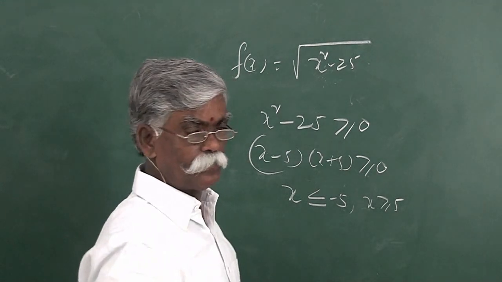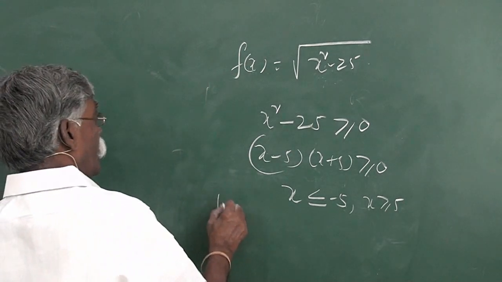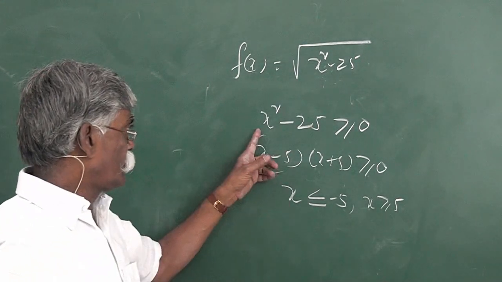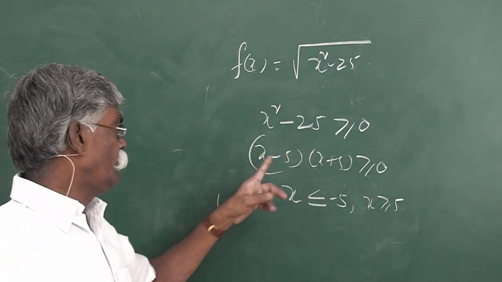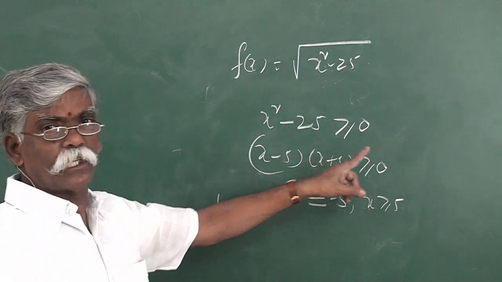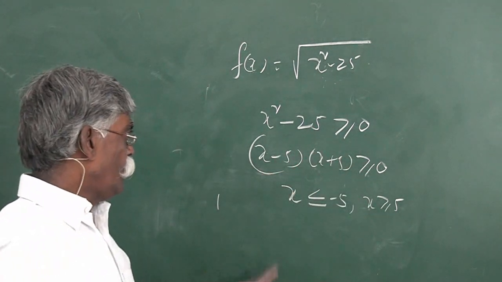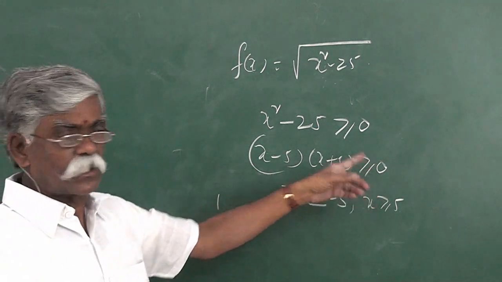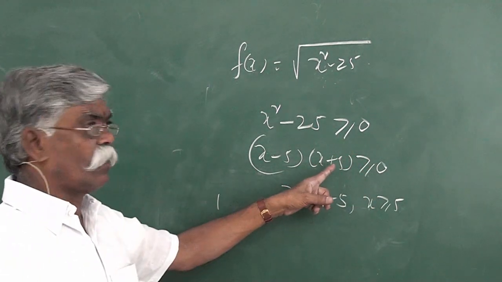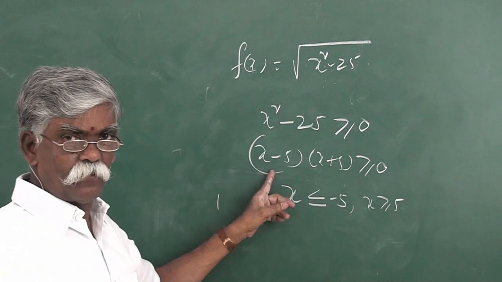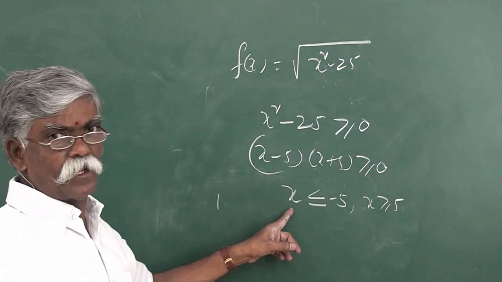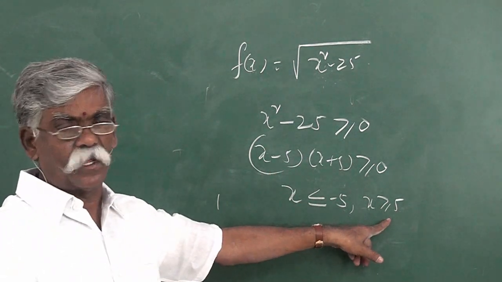So therefore, x should be less than or equal to minus 5 and x should be greater than or equal to 5. Therefore, domain f, so x square minus 25 greater than or equal to 0, factors x minus 5 into x plus 5 greater than or equal to 0. Coefficient of x square is positive, expression is positive. Therefore, x cannot take any value between minus 5 and 5. So, x should be less than or equal to minus 5 and x should be greater than or equal to 5.